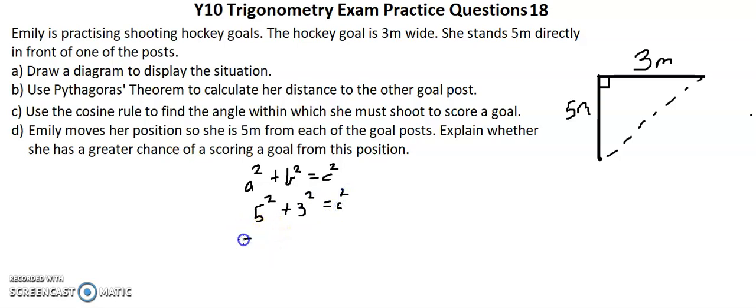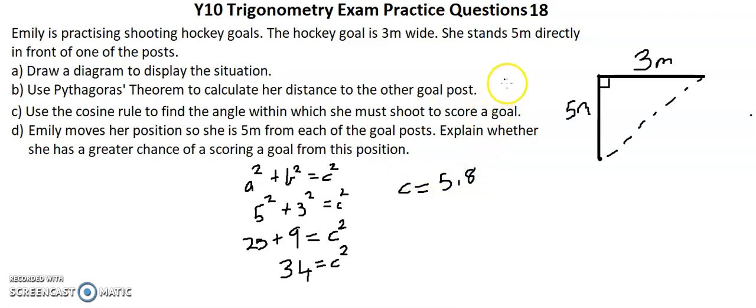So 5 squared is 25 plus 3 squared is 9 is equal to c squared. 25 plus 9 is 34 is equal to c squared. So if I square root both sides, that gives me the result of c, which is 5.8. So straight away, I know my length here is 5.8.